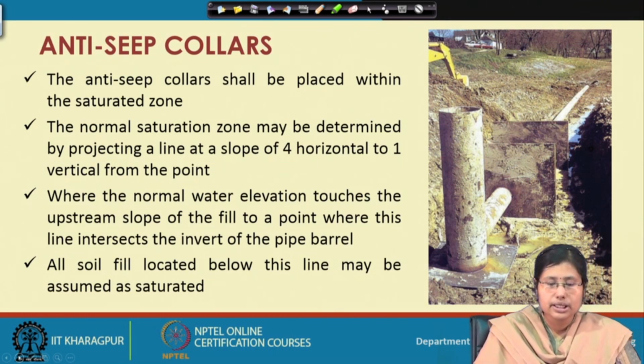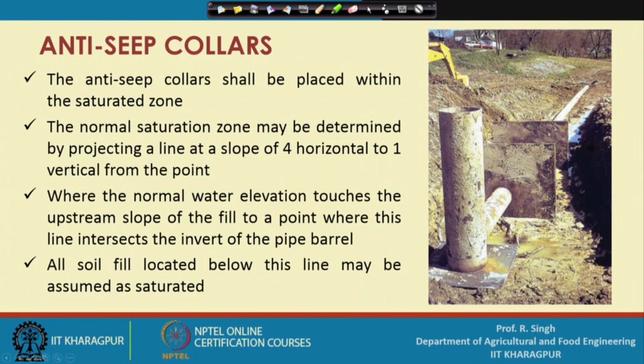The anti-seep collar shall be placed within the saturated zone. Where there is a conduit structure, as you can see, and where there is a saturated zone, there these collars are provided.